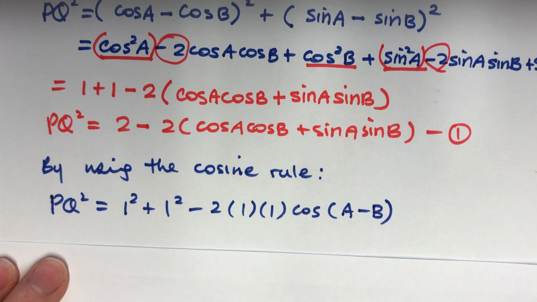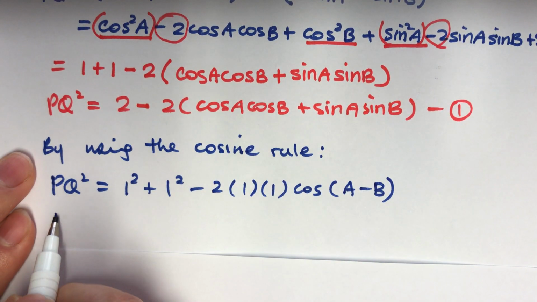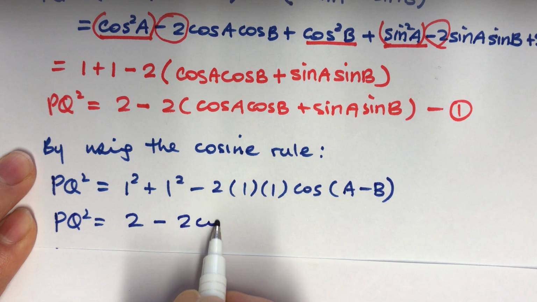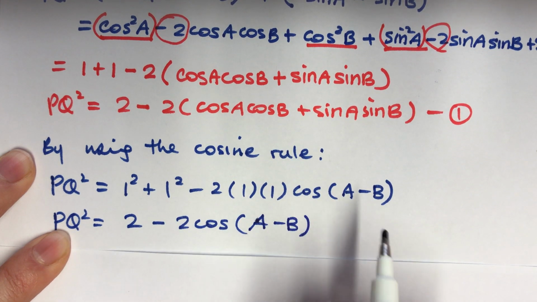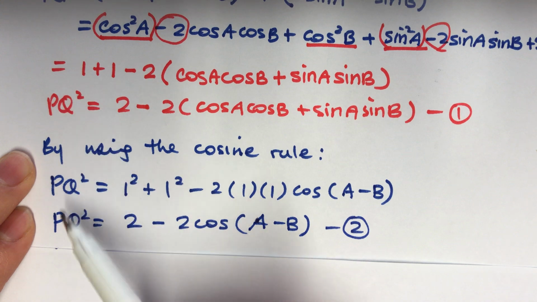So that looks pretty familiar. PQ squared equals 2 minus 2 cos(A − B), and I'm going to call this 2. Can you see that PQ squared, PQ squared?